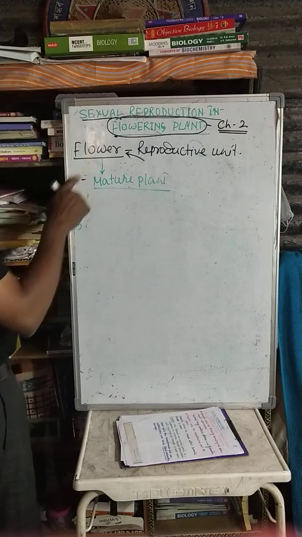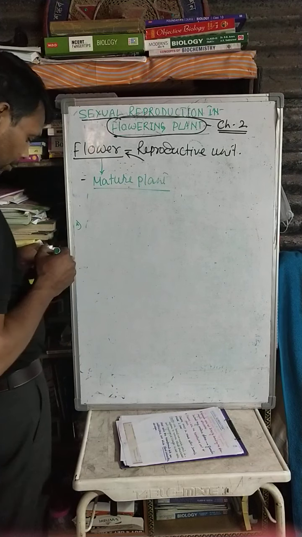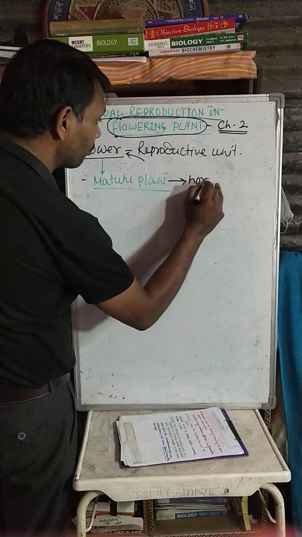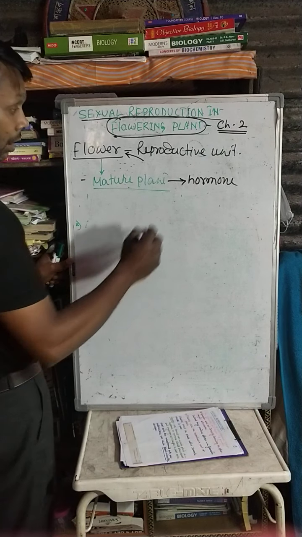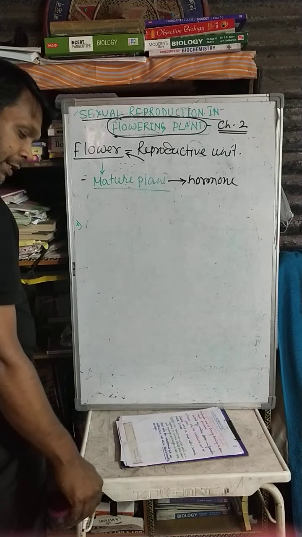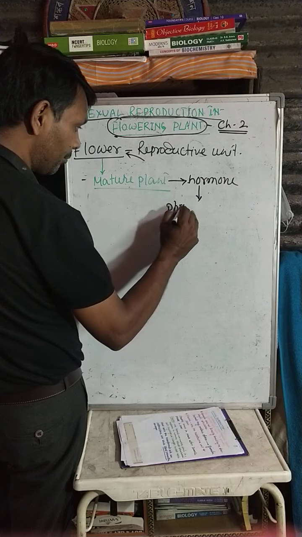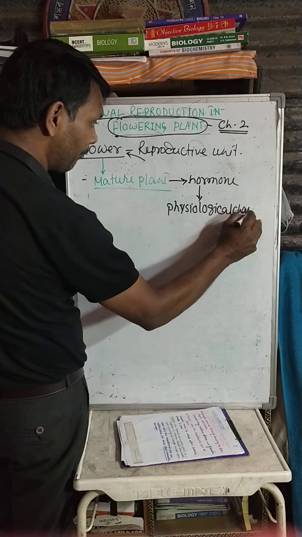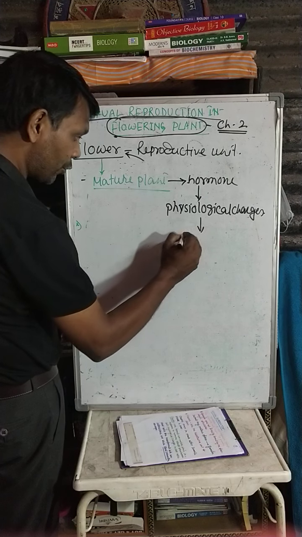When plant becomes mature, the flowering starts, in response to hormone and other physiological factors which induce certain physiological changes in shoot apex.